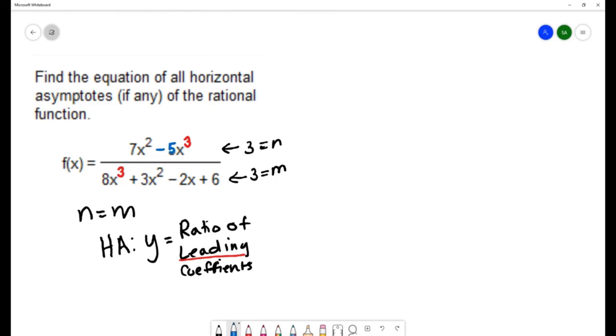So we're going to use the coefficients from those highest degree terms, and we're going to get that our horizontal asymptote is y equals -5/8. The ratio of the leading coefficients.